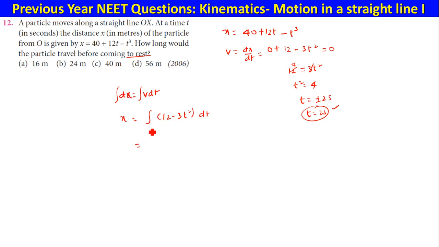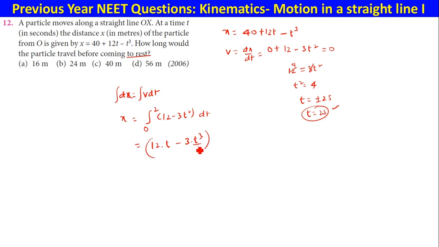Initially at time t is equal to 0, and at time t is equal to 2 seconds, the velocity is again 0, it's coming to rest. So 0 to 2 should be the time limits. Integral of 12 dt is 12t, minus 3t square integrates to 3t cube by 3.